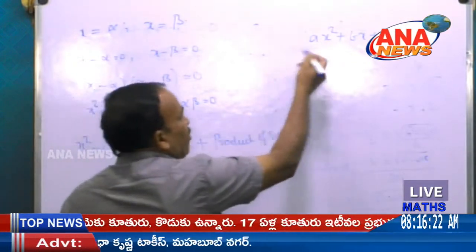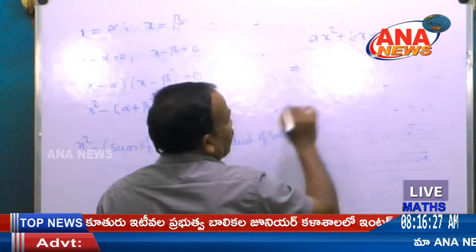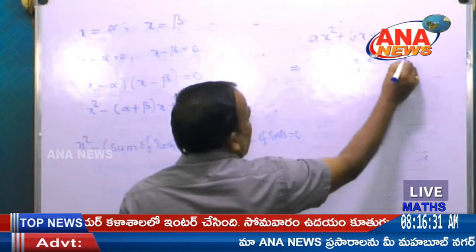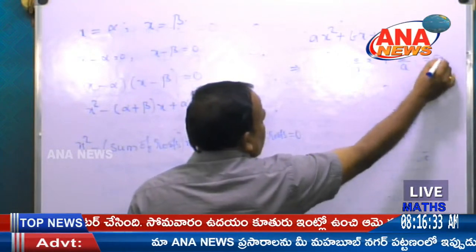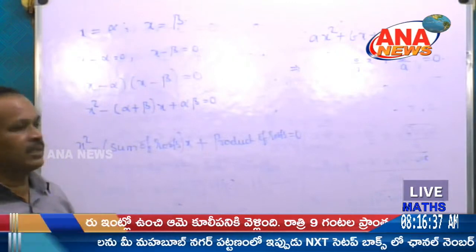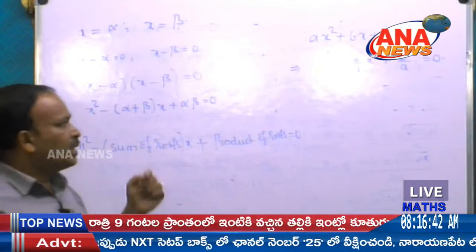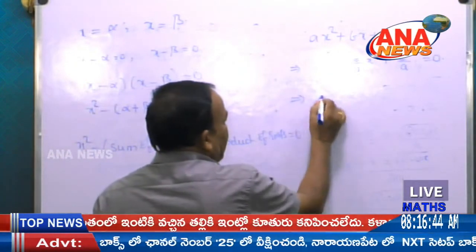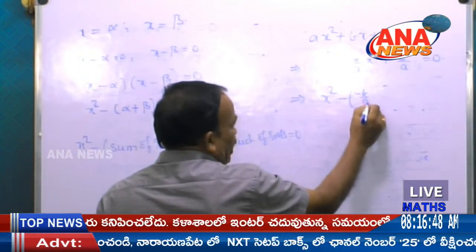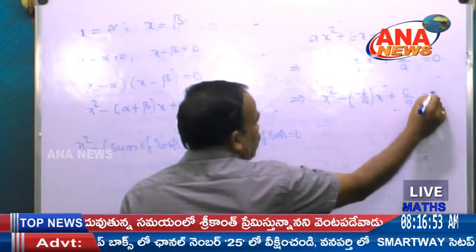Now divide it by a, x square: x square plus b by a into x plus c by a is equal to 0. This can be written as x square minus b by a into x plus c by a is equal to 0.